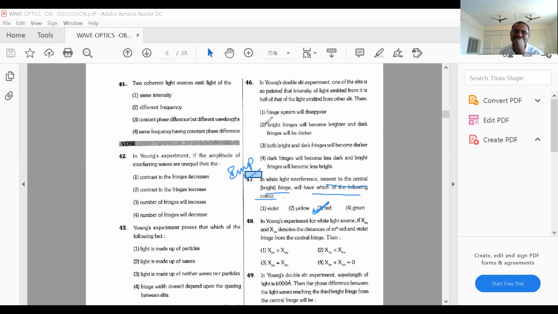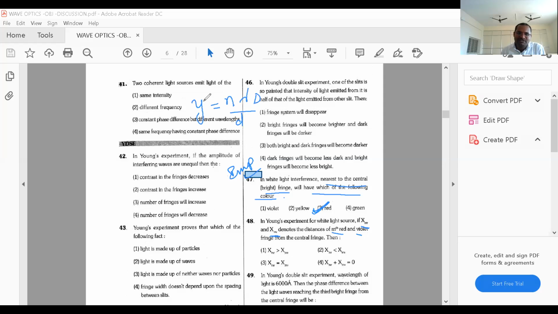Next, question number 48. In Young's experiment for a white light source, if XMR and XMV denote the distance of the nth bright red and violet fringe. The distance of a bright (maxima) fringe is n lambda capital D by small d.